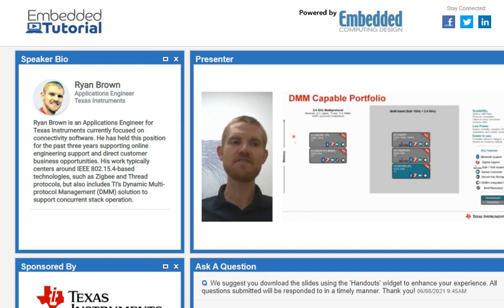On the left side, we have the 2.4 gigahertz multi-protocol solutions. These are ones capable of concurrently operating Bluetooth Low Energy, Zigbee, Thread, 15.4, or the upcoming CHIP/Matter protocols.